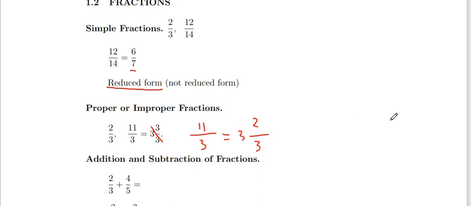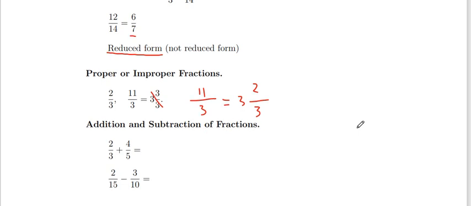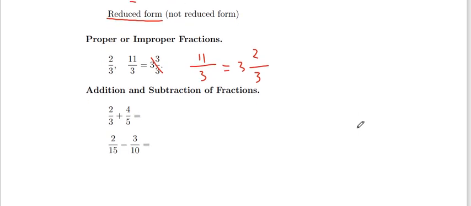For fractions, we have the operations addition, subtraction, multiplication, and division. For addition, we should make the denominators the same. Here there are 3 and 5, so we use a common denominator, which is 15.